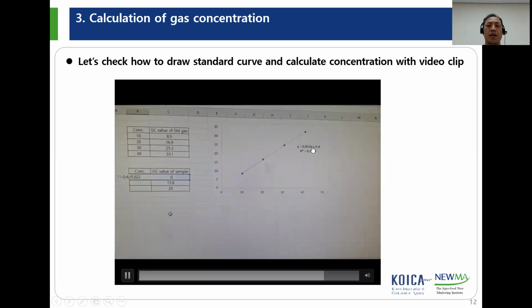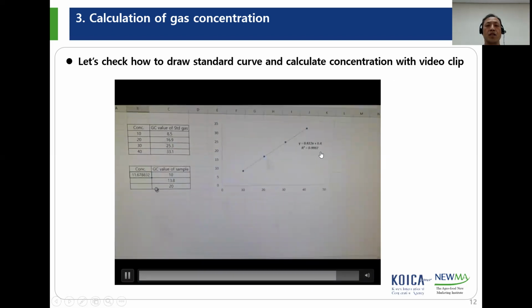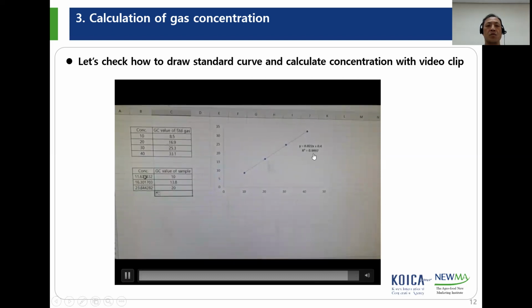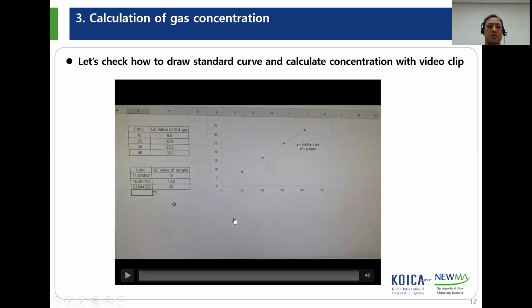Then we found the X. So the equation could be changed: Y minus 0.4 divided by 0.822. Okay. And so we finally found out the concentration during fumigation or after fumigation as well.